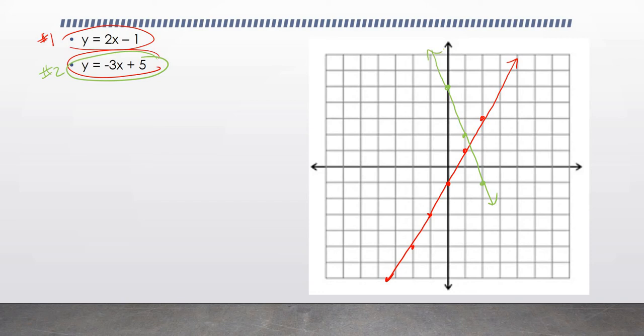And you can see that these two graphs have one point of intersection. These are intersecting lines. They have one solution.